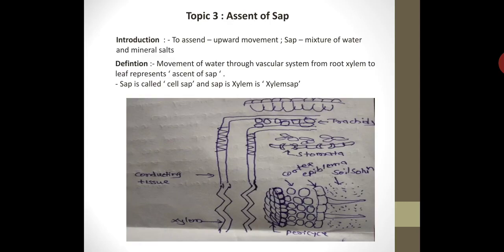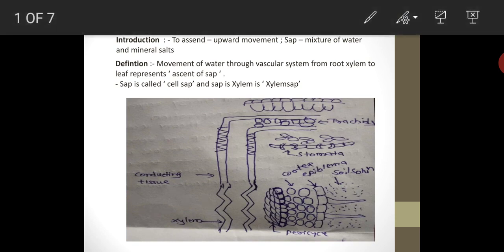So this central part represents the xylem of the root. Once the water enters into the xylem of the root, the process of water absorption is completed. Now the next phenomenon, ascent of sap, starts from water which enters into the xylem of the root, and how it reaches the xylem of the leaf, that we are going to study in this topic.